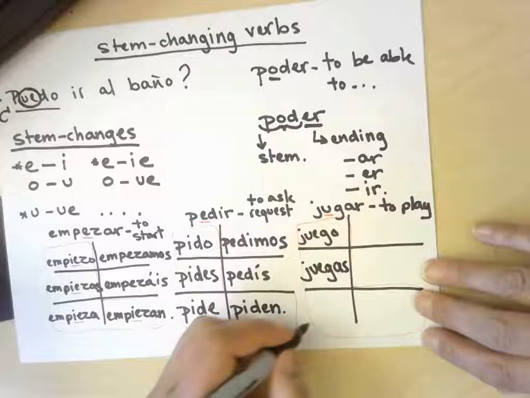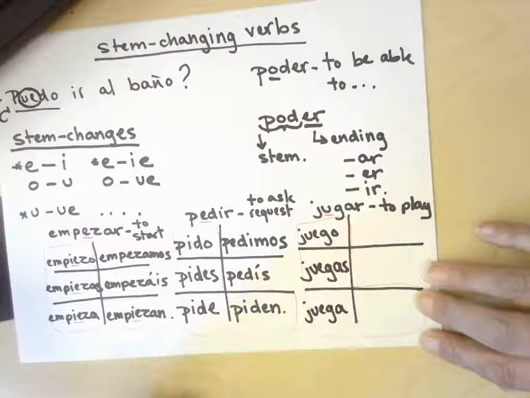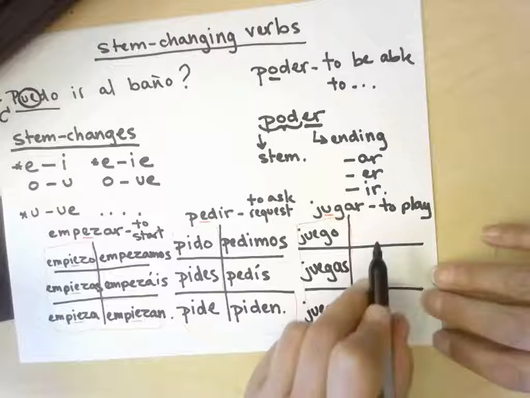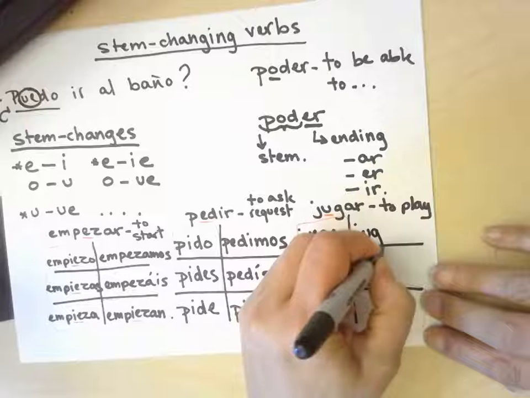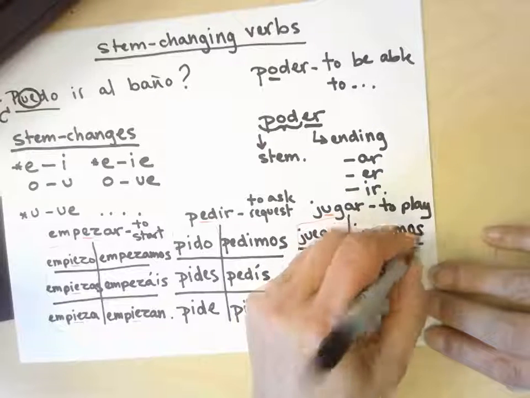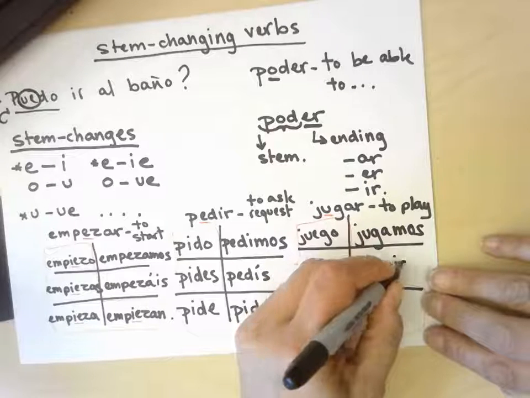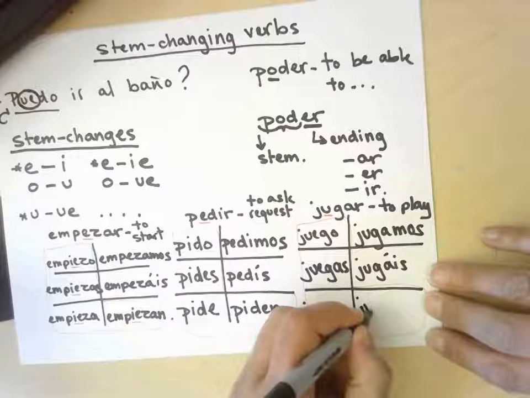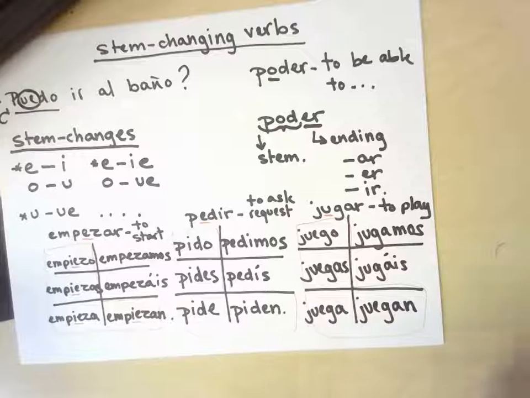Él, ella o usted juega videojuegos. Nosotros. Now we're outside the boot again. So you're going to keep that stem original. Jugamos. Vosotros jugáis. Ellos y ustedes, we're back in. Inside the boot. Juegan. Muy bien.